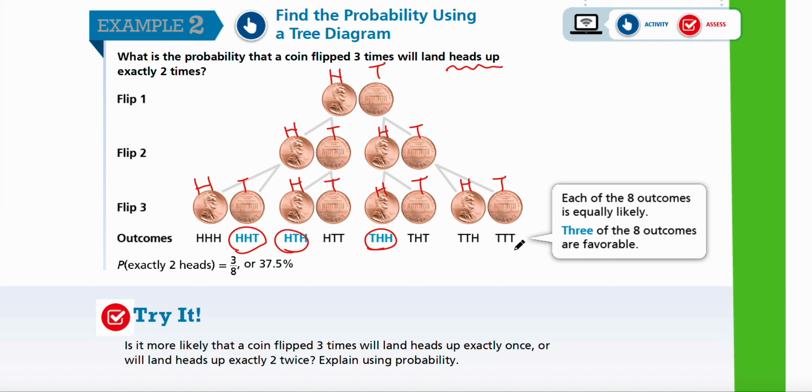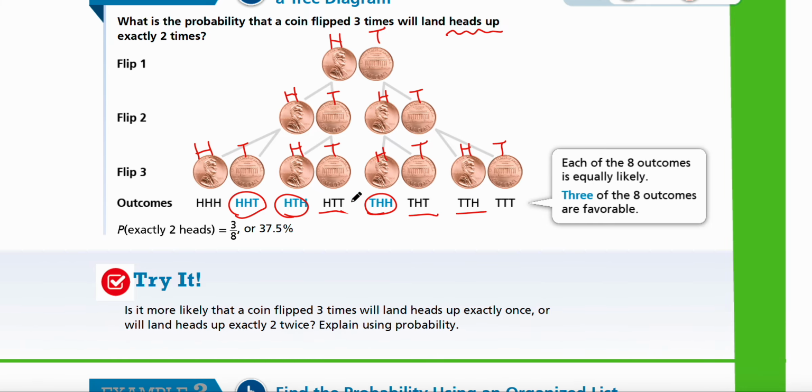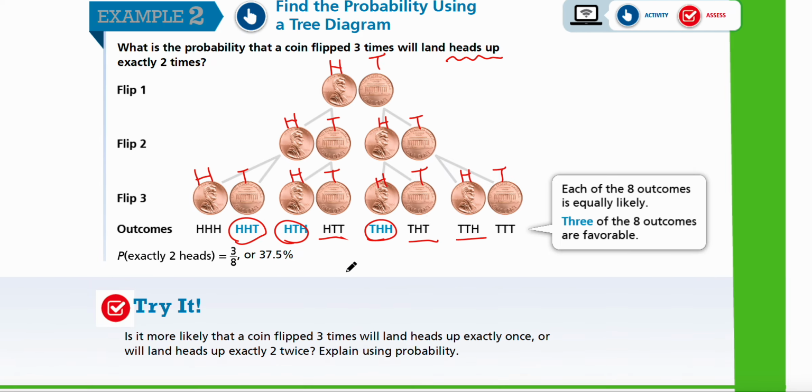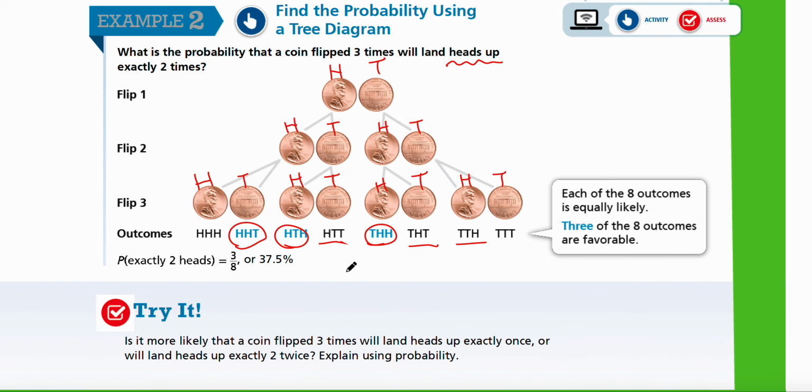Looking at all these outcomes, how many times do we have exactly 1 H? 1, 2, 3. How many times do we have exactly 2 H? 1, 2, 3. So 3 out of 8 and 3 out of 8. So they're the same probability. So neither is more likely, right? So use probability to explain it. Pause the video and see if you can try explaining it. Come back when you are ready for answers.